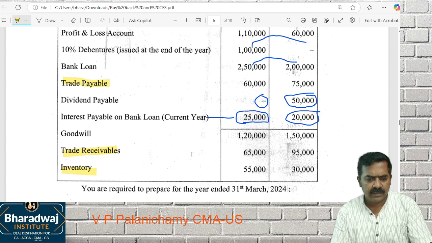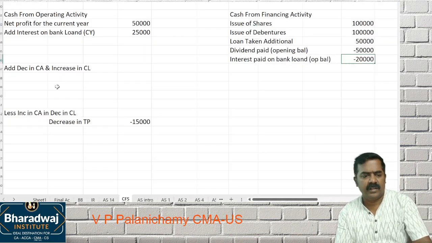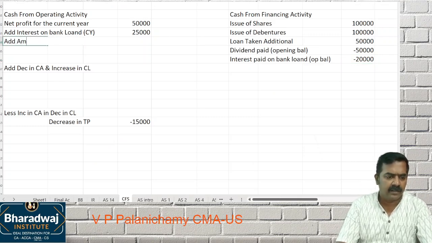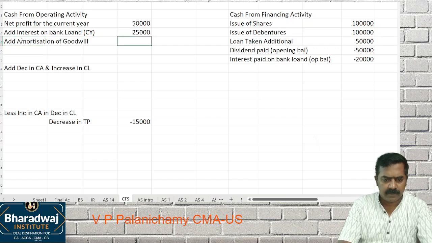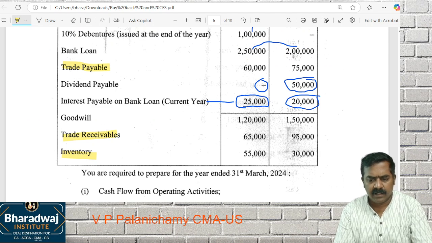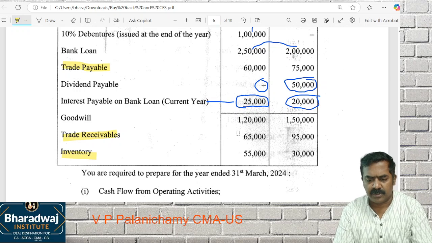Then goodwill, opening balance was 1,50,000, closing balance 1,20,000. Amortization is a non-operating, non-cash item, we'll add back. How much we amortized? 30,000 we'll add back. Then trade receivable, increased or reduced? 95,000 to 65,000.